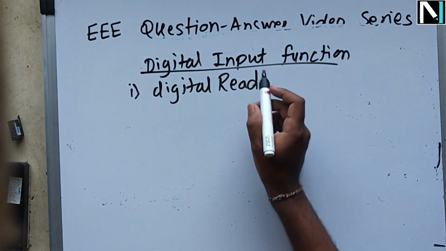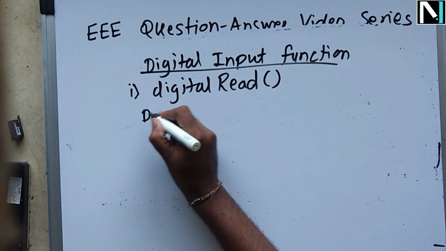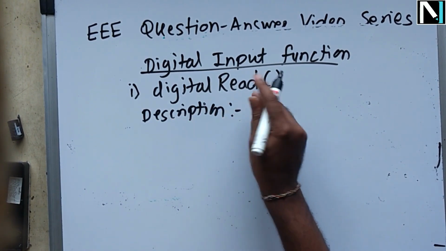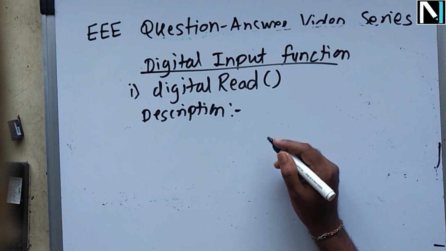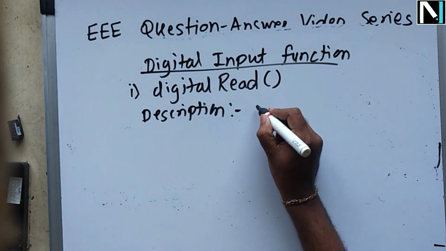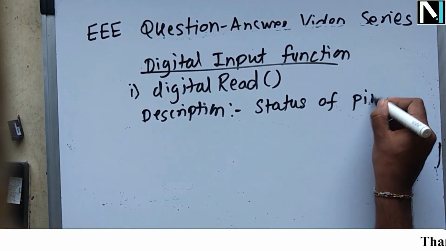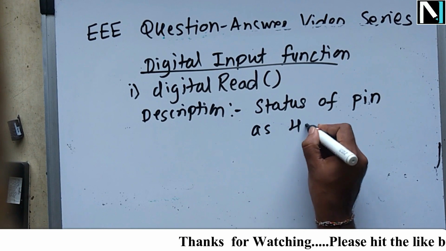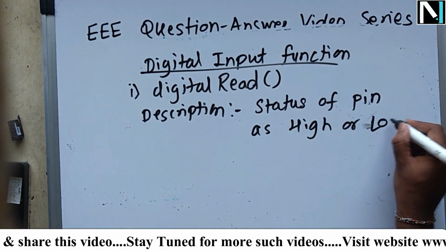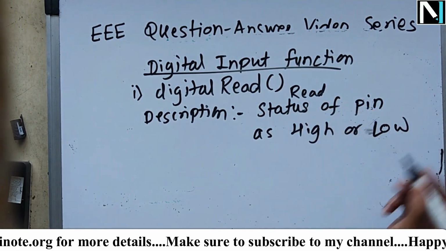See here everything is small, R is capital. Now its description: this function is going to read the status of the pin, whether that pin is 0 or high. It is going to read the status of the pin as high or low.